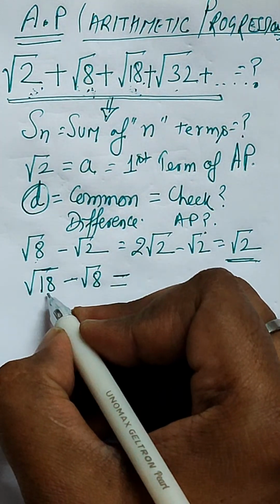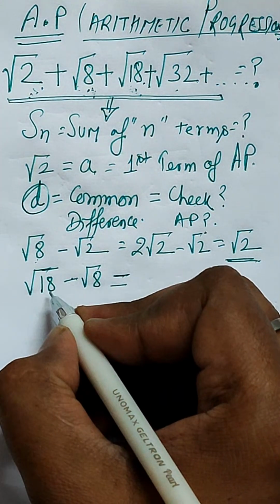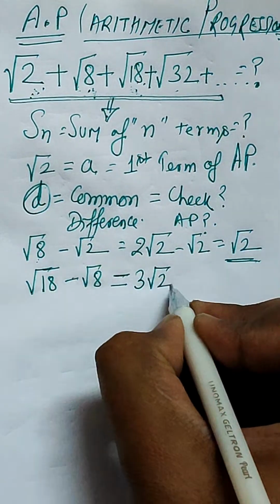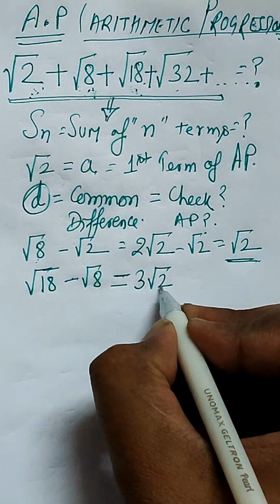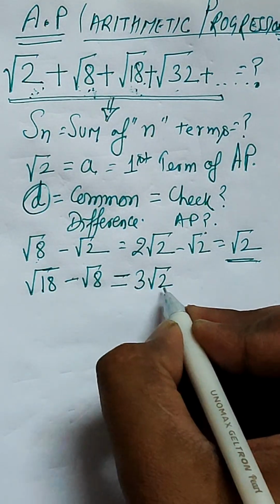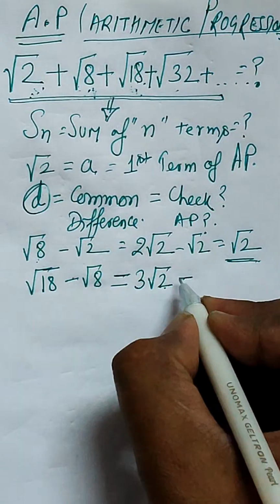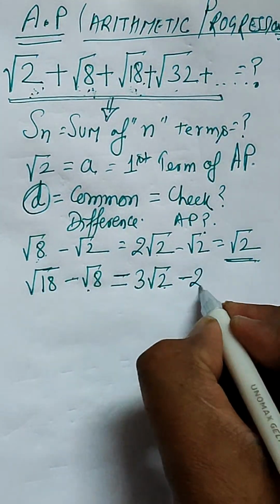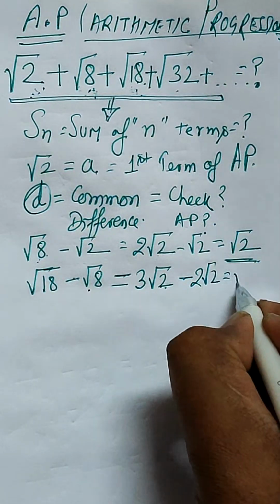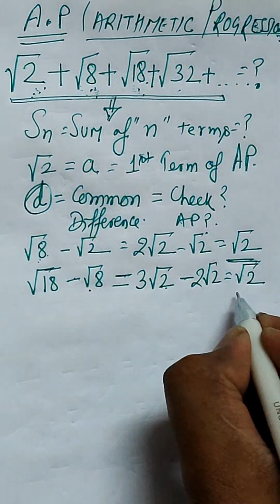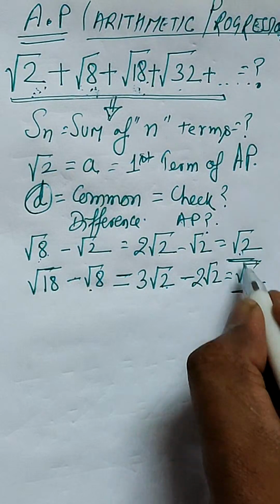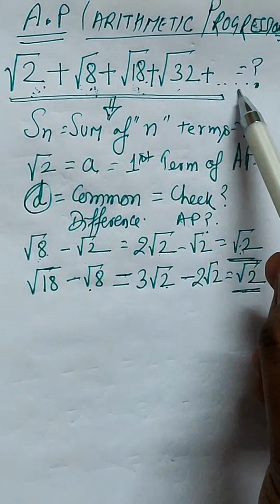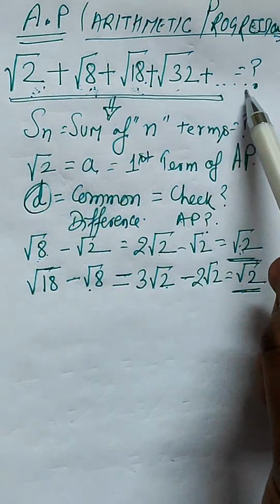Root 18 can be written as 3 times root 2, because when 3 goes inside the root, it will be 9, and 9 into 2 will be 18. And root 8 can be written as 2 root 2, as we have seen earlier. So 3 root 2 minus 2 root 2 will be root 2. So you can see the common difference is always same. That's why we can say that the given series is in AP.